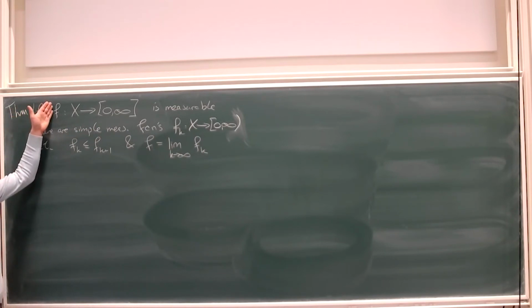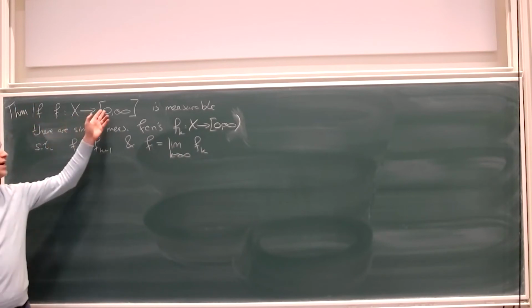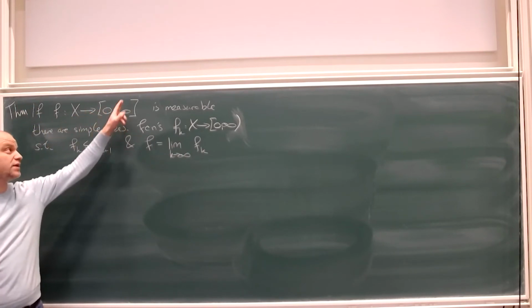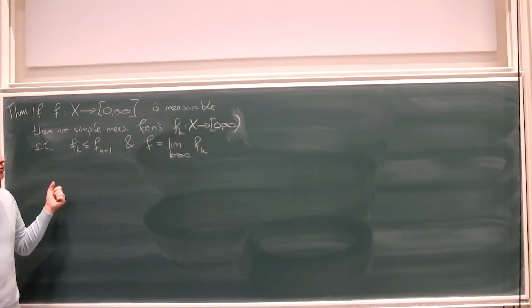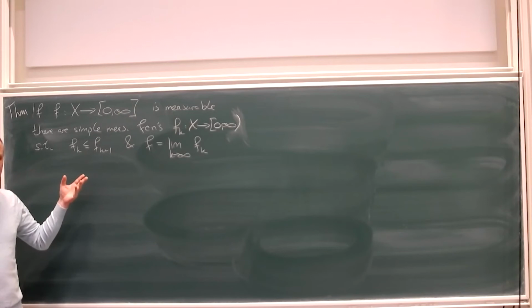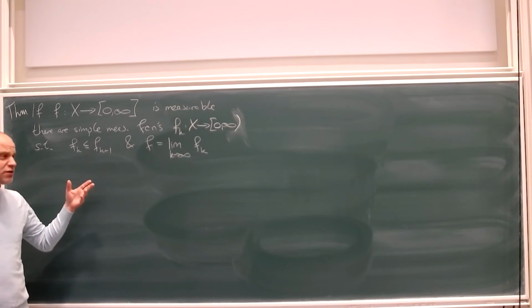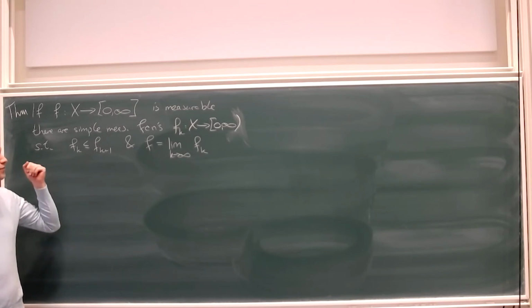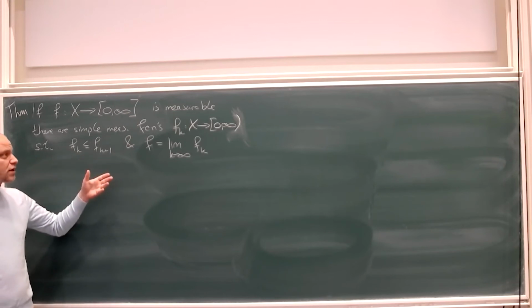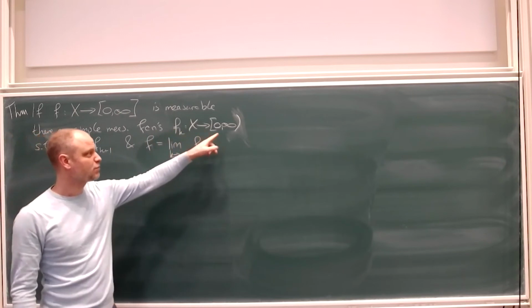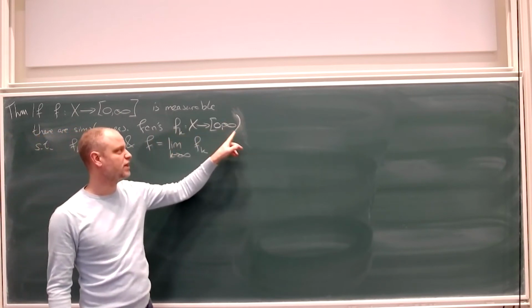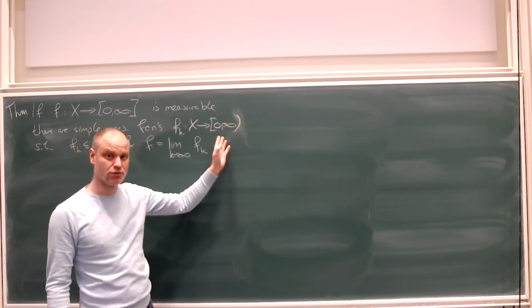Given any function f which is measurable with values from 0 including infinity, so a closed bracket here, we want to get arbitrarily close to it, but we don't like the number infinity really. It's uncomfortable to deal with. So we want to get arbitrarily close to it with simple and measurable functions fk, but we don't want to include infinity in the range here, so this should be finite valued as well.